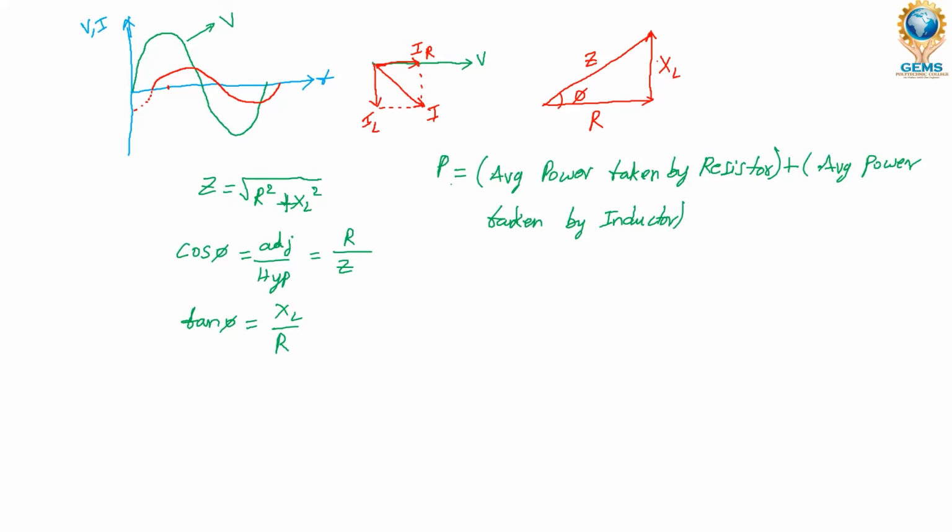Here the average power taken by resistor, we have a formula. Power in resistor equals I square into R. That we can write like this.